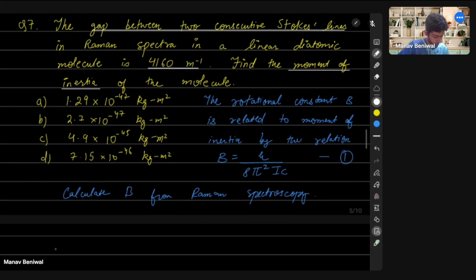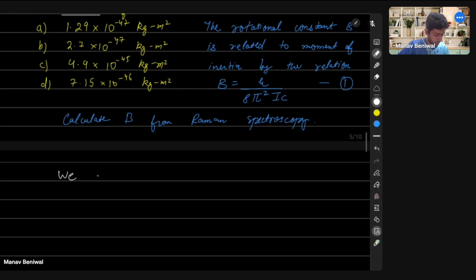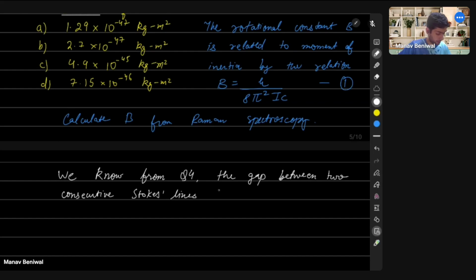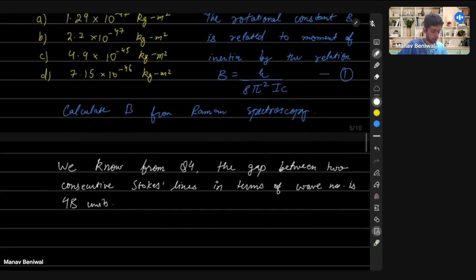So we can directly write that 4b is 4160 per meter. Let's write: we know from question number 4, the gap between two consecutive Stokes lines in terms of wave number is 4b units, and here it is given to us to be 4160 per meter.